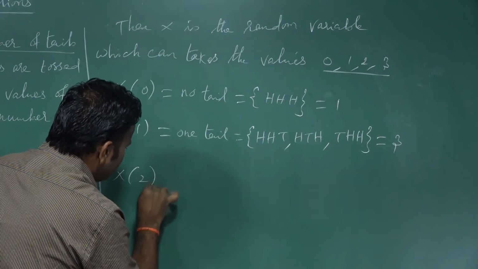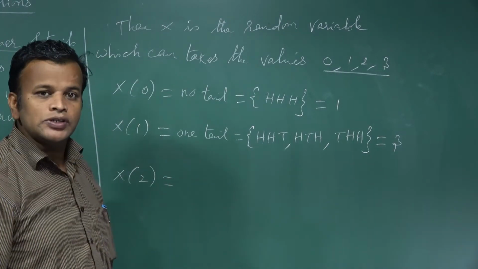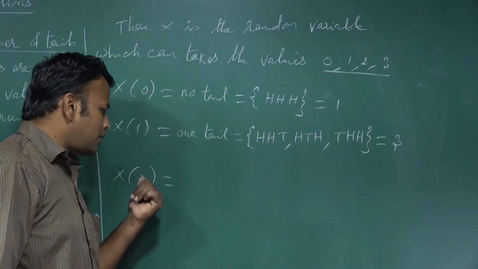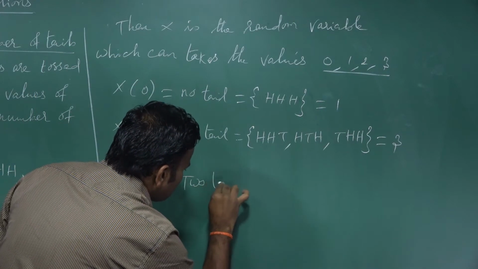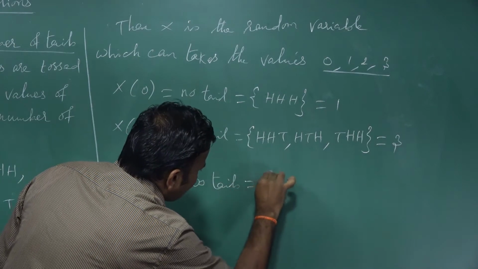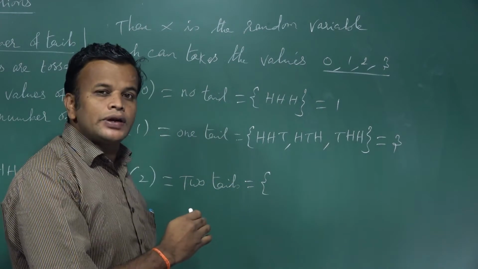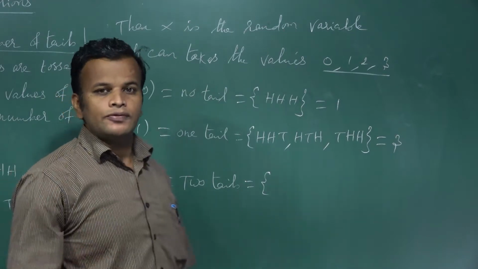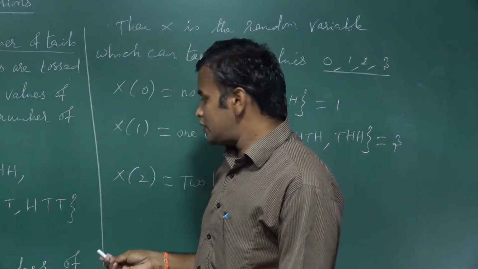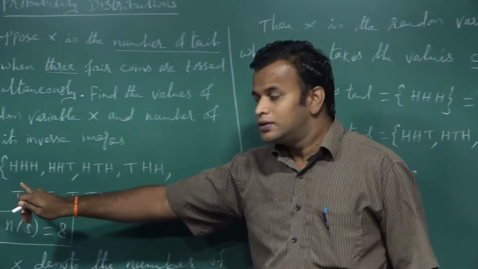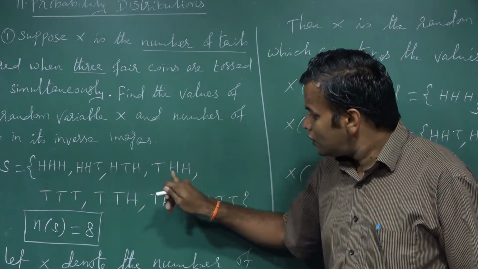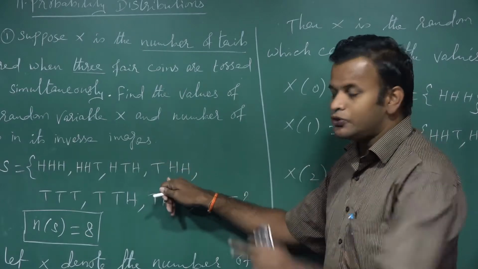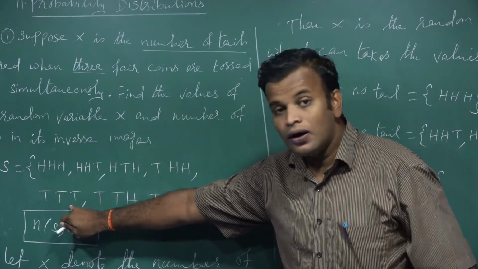Next, x of 2. X of 2 means the random variable x has the value 2. That means 2 tails. In the 2-tail event, how many outcomes are possible in the sample space? Now again we see the sample space. Now we need 2 tails. No tail, 1 tail, 1 tail, 1 tail, so all these are impossible.